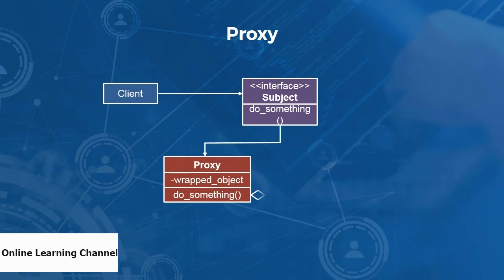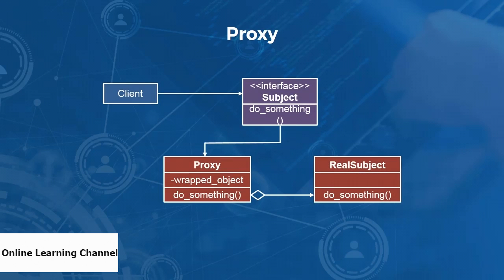Now, the proxy behind the scenes will talk to the real subject. Before the client talks to the real subject, there are all of these levels of indirection where you can add in additional checks. You can check whether the client is authenticated and authorized to access the real subject. The proxy will take care of wrapping up all of the input parameters that you've specified, and then it will invoke the do something function on the real subject.